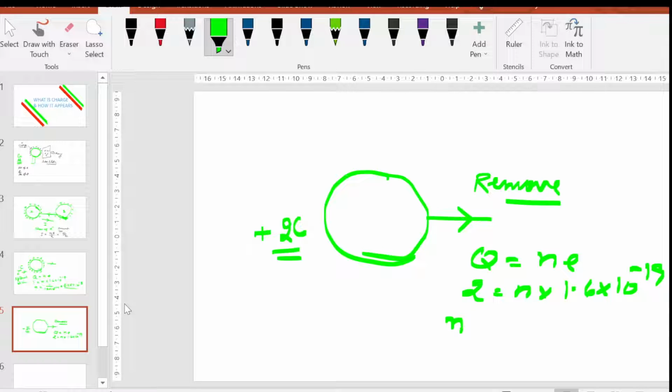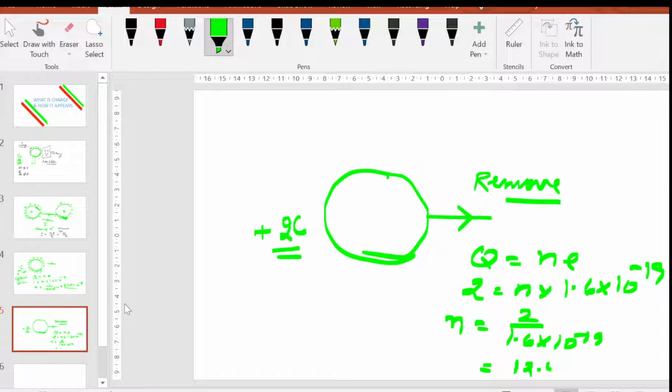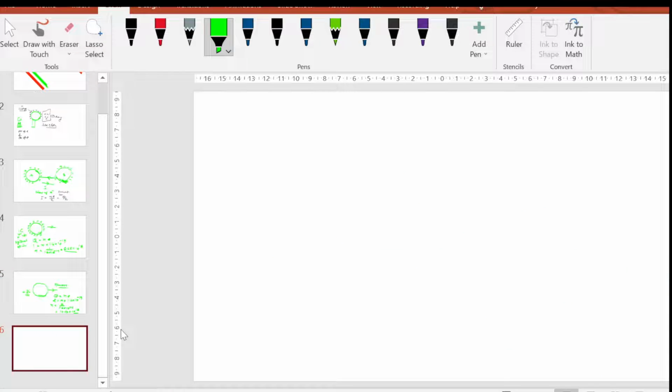So 2 divided by 1.6 into 10 raised to power minus 19, approximately 12.50 into 10 raised to power 18 electrons. If I remove this number of electrons from this sphere, it will acquire that charge.